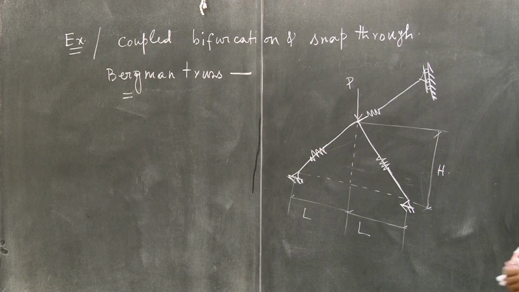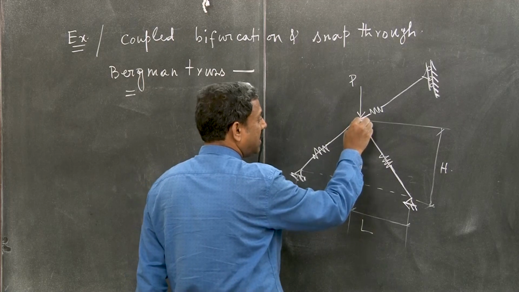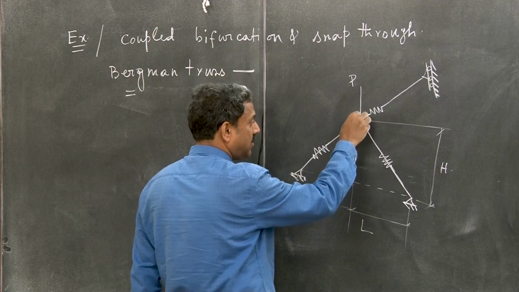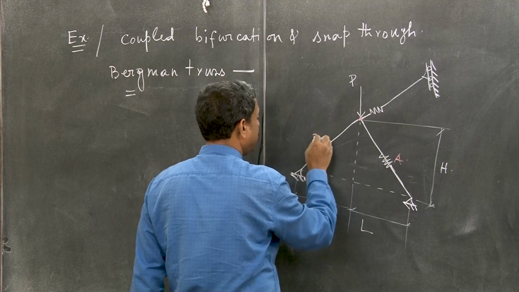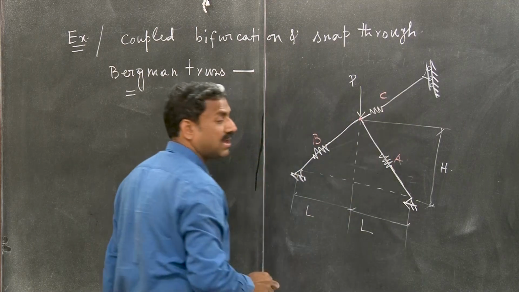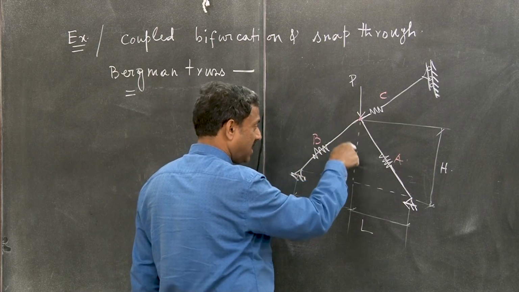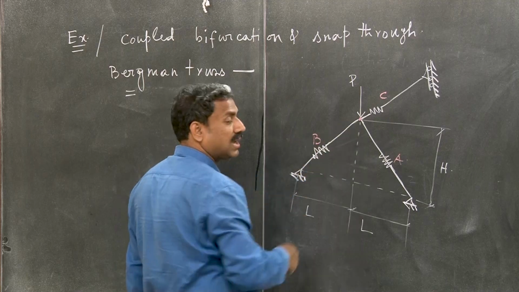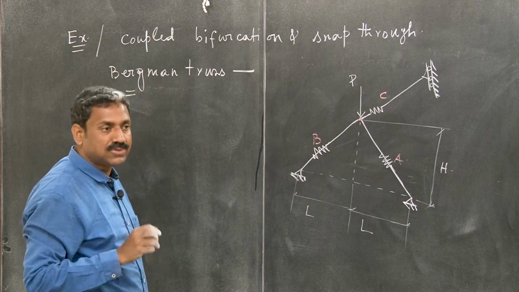See, when you have to consider the deformed configuration, you see that this point can move. I am assuming that this is spring A, this is spring B, this is spring C. Now this one can move vertically, and this one can move horizontally. The point under the load P can move vertically as well as horizontally.